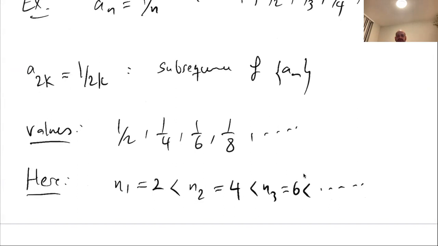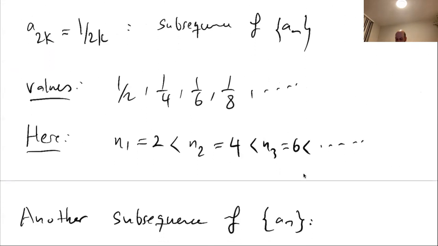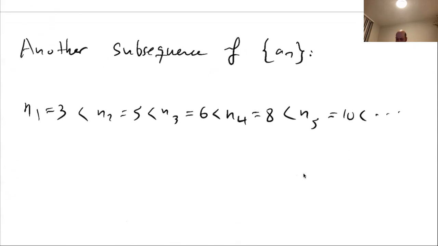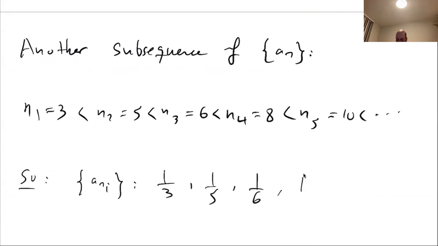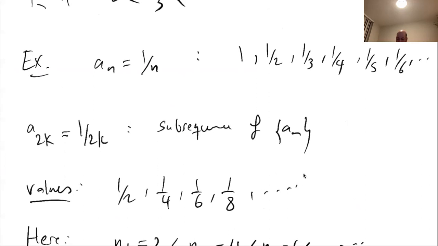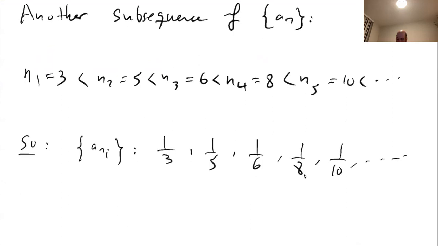In this case, N1 is 3, so the third element of the original sequence is 1 over 3. So A N_I will be 1 over 3 as the first element, 1 over 5 next, 1 over 6 next, 1 over 8 next, 1 over 10 next, and so on. So the first index is the third index of the original sequence, then the fifth index, then the sixth index, then the eighth index, and so on.